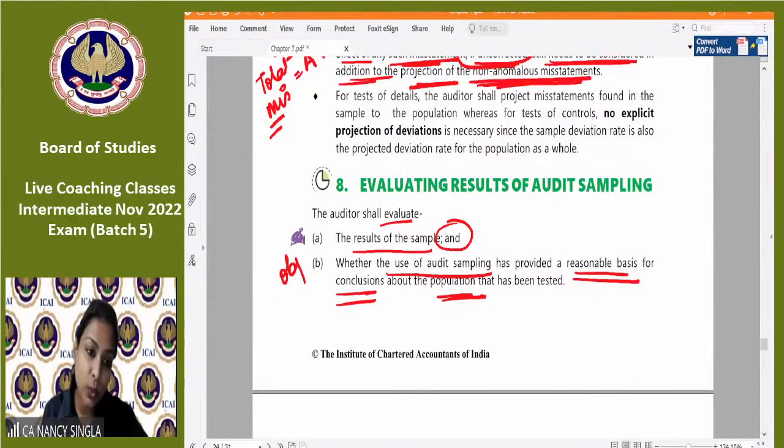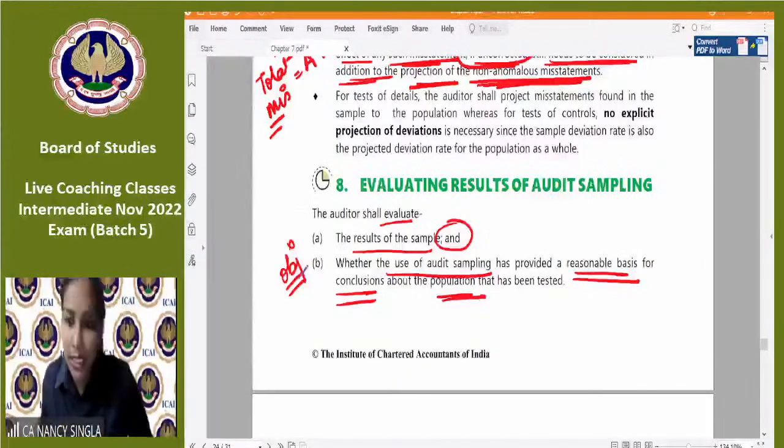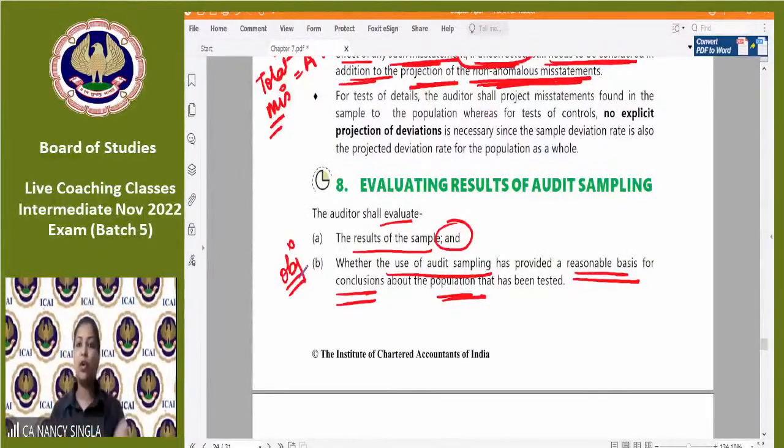This was the objective of applying audit sampling ना, जो हमने beginning first session में किया. What was the objective of applying audit sampling? To provide a reasonable basis for drawing a conclusion about the population. So auditor, when he has applied the entire sampling process, last में evaluate तो करेगा ना कि sample results क्या हैं, whether he is able to draw a reasonable conclusion or not, है ना?